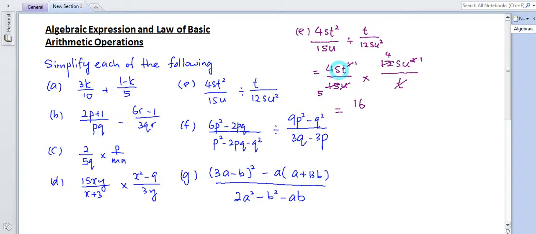So with s and s side by side, we cannot simplify them, so we will get s squared t and u. The new denominator we only have 5. So this is the final answer.